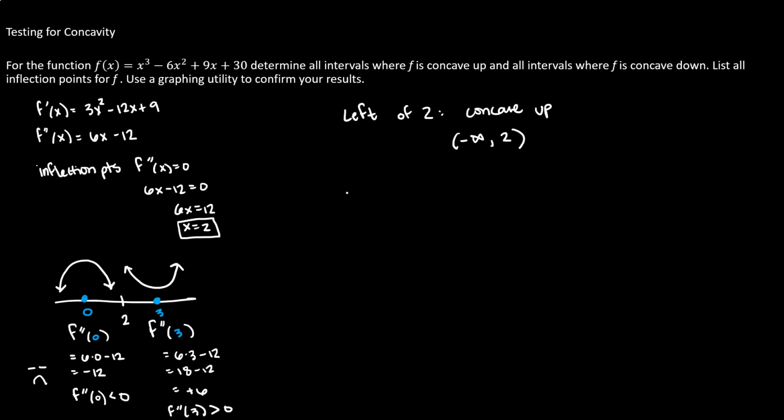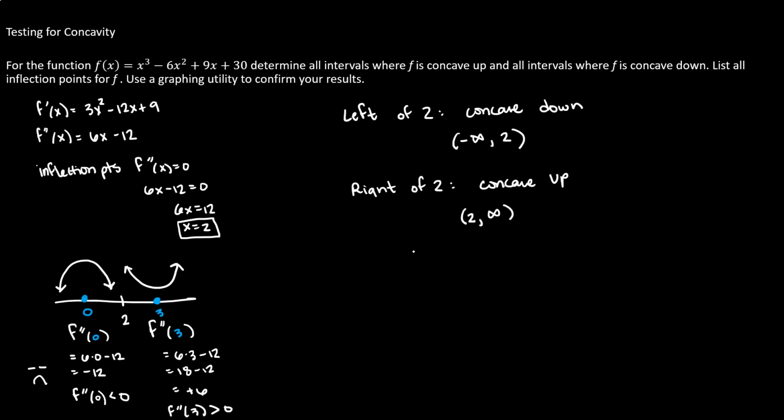And then our concave up interval starts at 2 and continues to the right. Man, I have that backwards. Left of 2 is concave down. Right of 2 is concave up. The concave up interval would then say from positive 2 up to positive infinity.